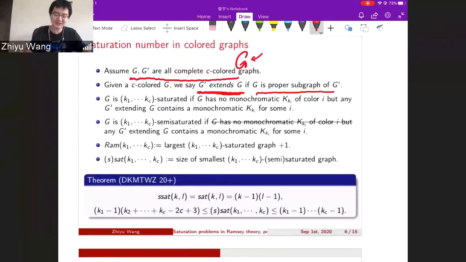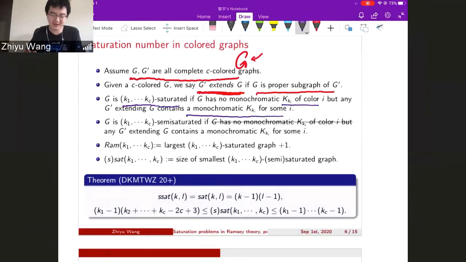So naturally, how do we define saturation? Let's say G is K1 to Kc saturated, where c is the number of colors, if G doesn't have any monochromatic K_{k_i} of color i, but any G prime extending G, no matter how you add a vertex and how you color the edges between the new vertex and the rest of the vertices, will contain a monochromatic K_{k_i} for some color i.